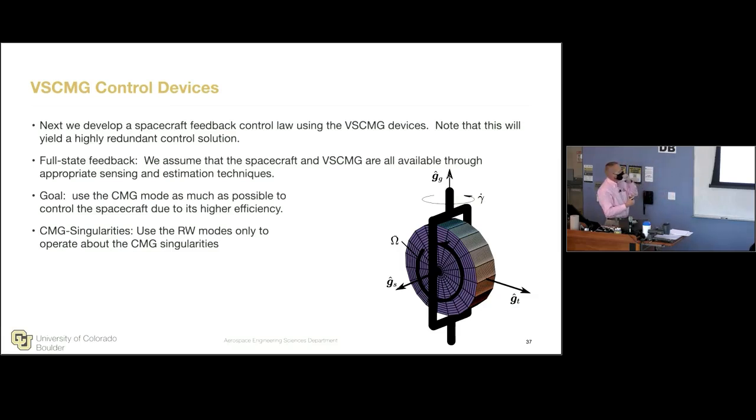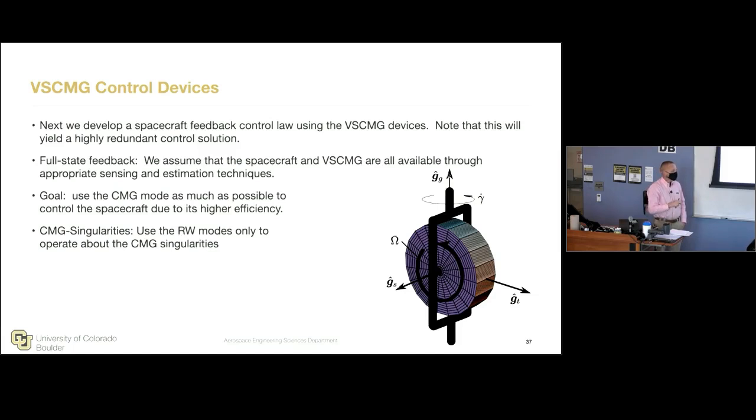So ideally, we would like to use these things as CMGs. Remember the equations of motion that we had, all that stuff? There was that one term that had to do with the wheel speed times the gimbal rate. And that was a huge gyroscopic term. And in fact, that term appears acting on the GT axis.